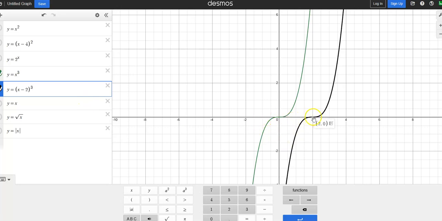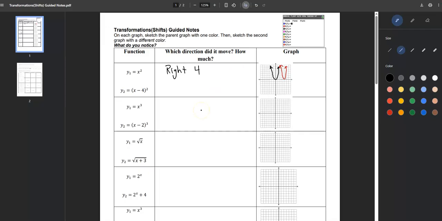It's just been shifted to the right 2. So if we go back in here, this has been moved to the right. Sorry, the drawing is not all that pretty. That one's better. Okay.